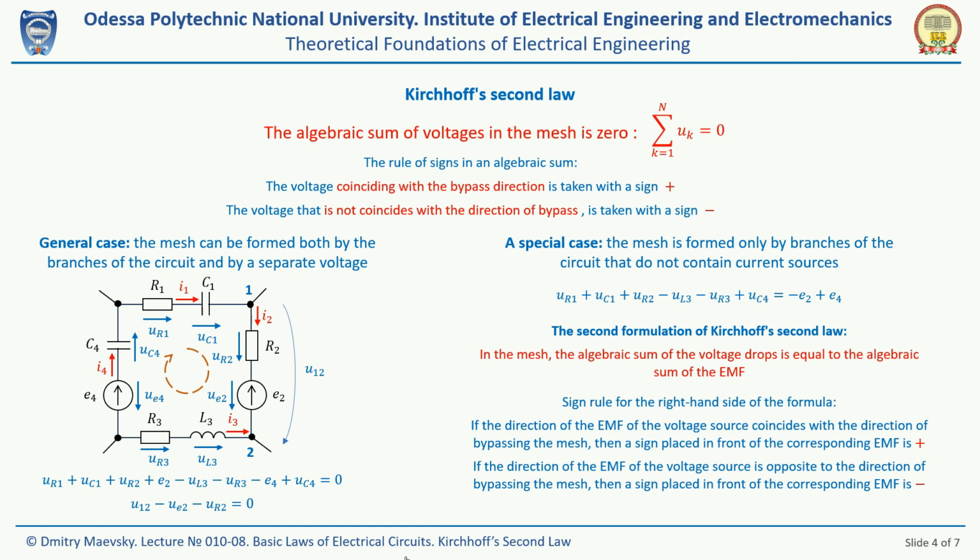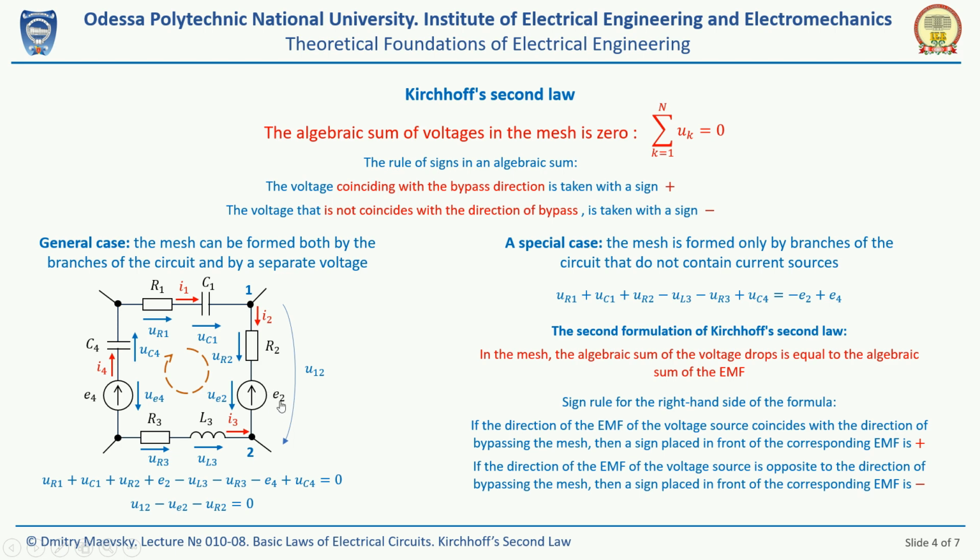Look, for example, at this picture. We have branch number 1 and node number 2. We have two elements between these two nodes. This is element R2 and E2.